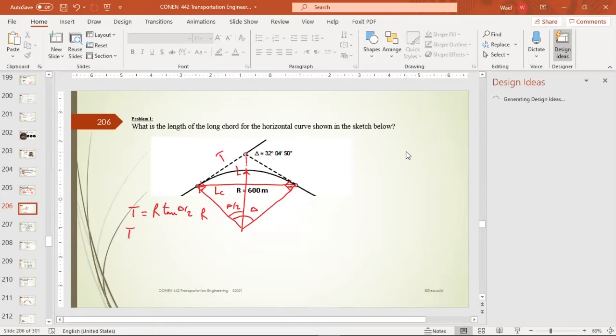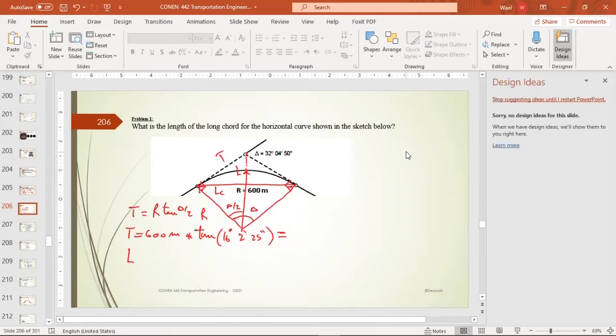So tangent equals 600 meters multiply tan, here it's 32 degrees, 4 minutes and 50 seconds, so this is going to be 16 degrees, 2 minutes and 25 seconds. Can someone volunteer and do the calculation for us, please?